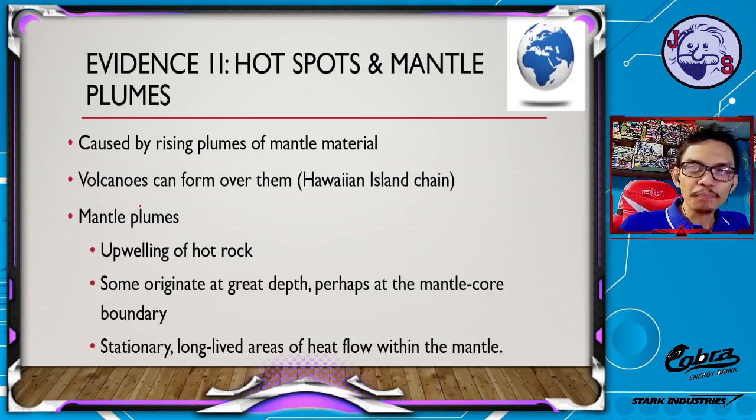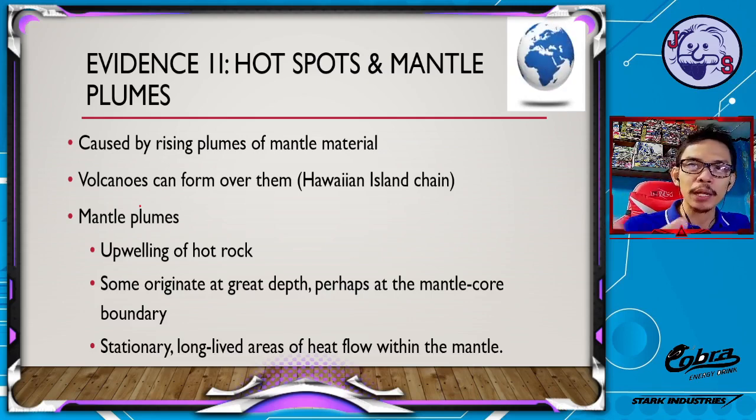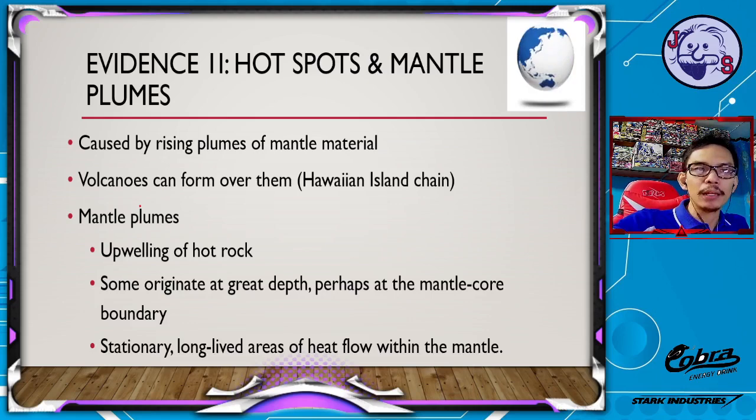When the material has a lower temperature, it becomes denser, and then it sinks down to the bottom. So that's how a mantle plume works, and these mantle plumes upwell hot rocks from the mantle, from the core-mantle boundary to be exact, in their origin.